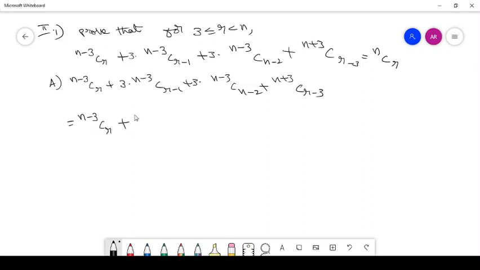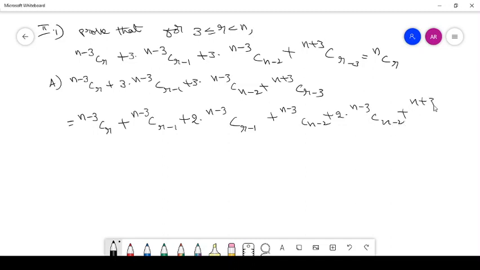So this is 1 into (n minus 3)C(r minus 1) plus 2 into (n minus 3)C(r minus 1). Adding these two values you can get again this result. So plus here also the same process: (n minus 3)C(r minus 2) plus 2 into (n minus 3)C(r minus 2) plus (n minus 3)C(r minus 3). Here we are using nCr.